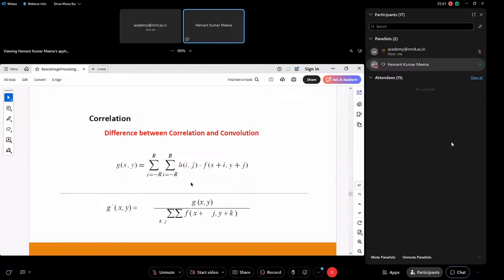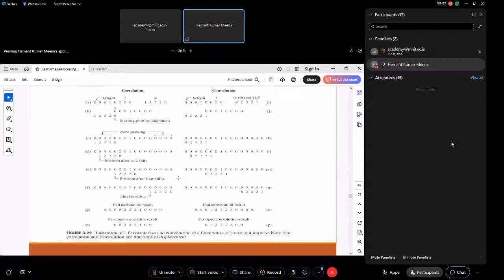It varies on the x-axis and also on the y-axis. That's why it is a double summation. Here you are seeing the operation shown. What is the difference between correlation and convolution?